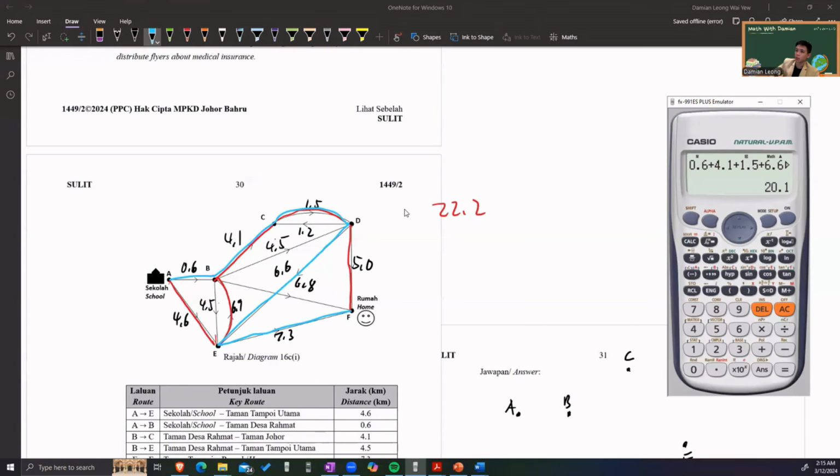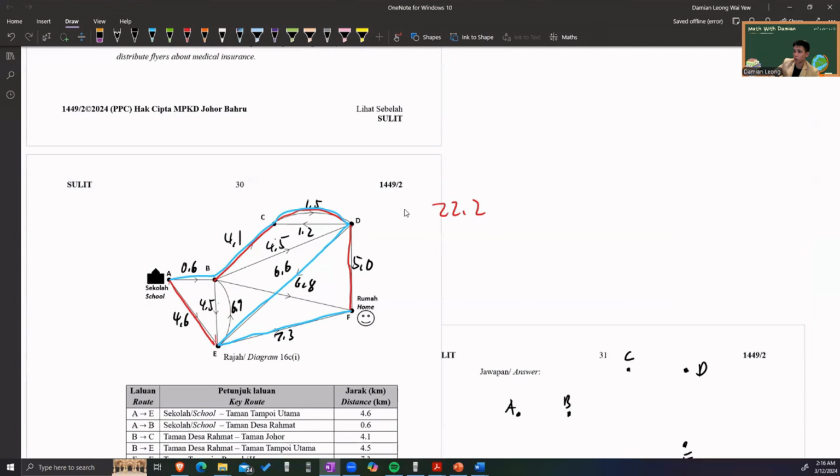Yeah, that's lower. So we have to compare the different paths, see which way gives you a lower weightage. So it should be this one.